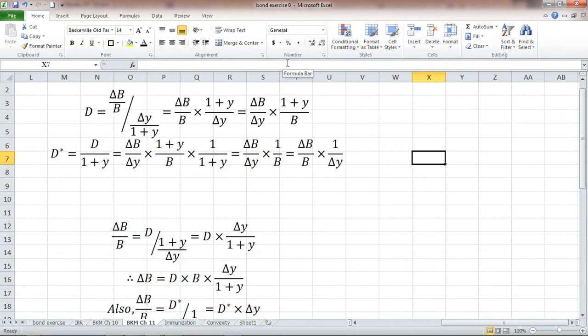But we simply don't use the negative. The negative just represents that the direction of change is opposite, right? We know quantity demanded and price move in opposite directions, so we don't need the minus sign.